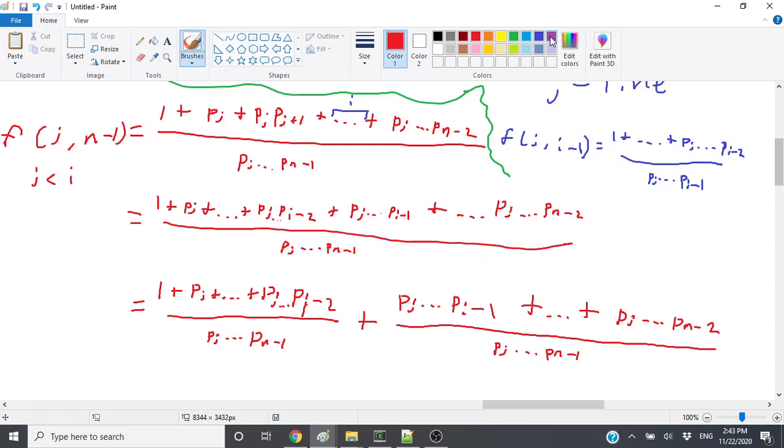The only difference is that this goes to n minus 1 instead of i minus 1. But we know that i is less than or equal to n. So we can split this up.